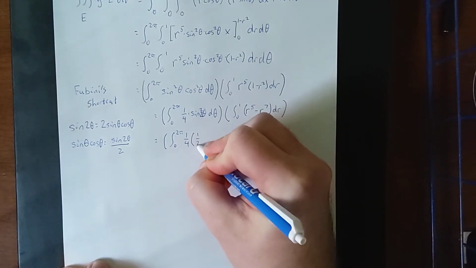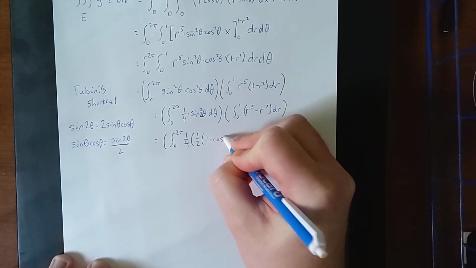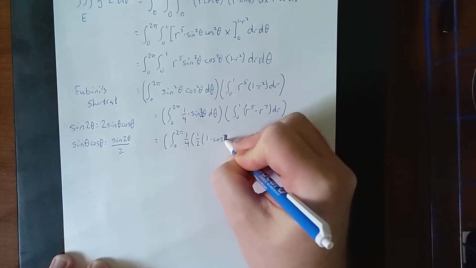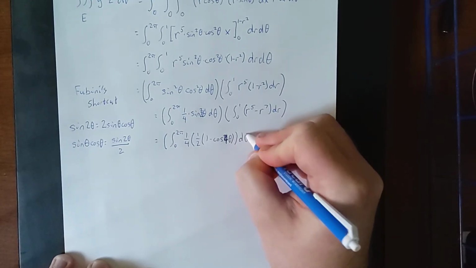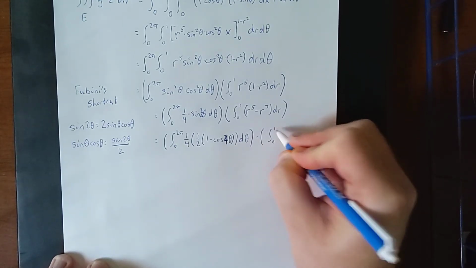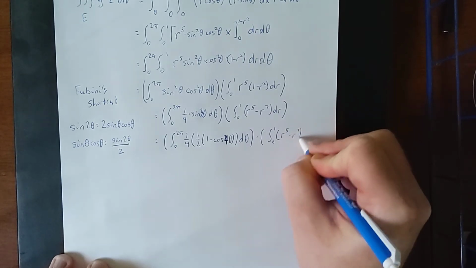Power reducing identity for sine squared is 1/2 times 1 minus the cosine of, well, double the angle, so double the 2 theta. Man, I just can't get this theta integral to look nice. Quite frankly, I blame the government. Not because it's their fault, just because, you know, I can.